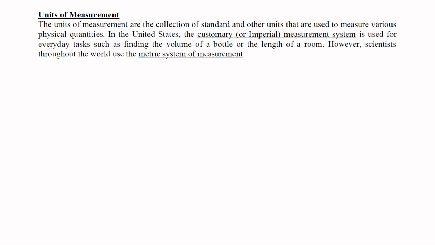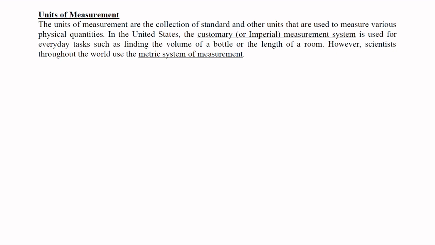So we use a shorter measurement, and we use yards on a football field. So in the United States, the customary measurement system, or the imperial measurement system, is used for everyday tasks such as finding the volume of a bottle or the length of a room. However, scientists throughout the world use the metric system of measurement, and many of the countries across the rest of the world actually use the metric system as part of their normal everyday use.